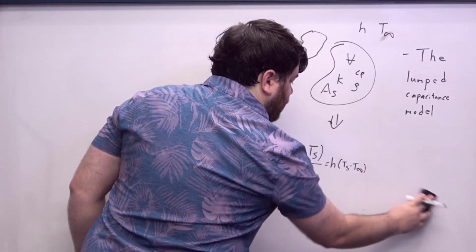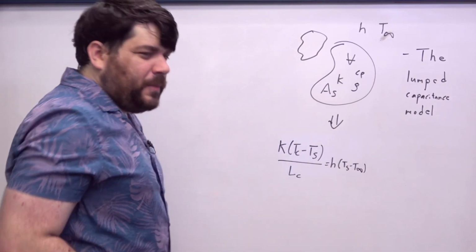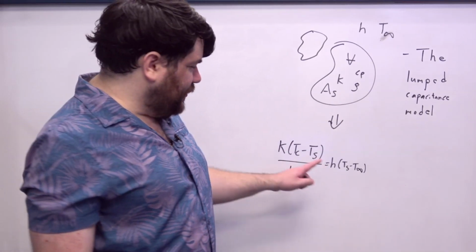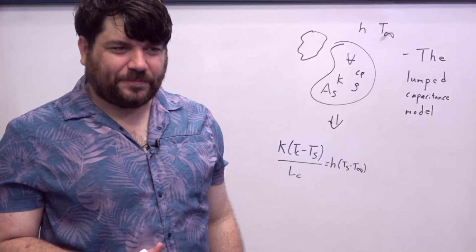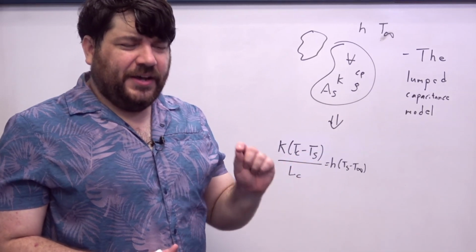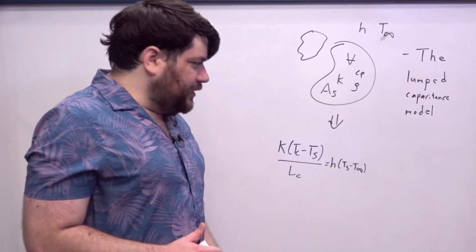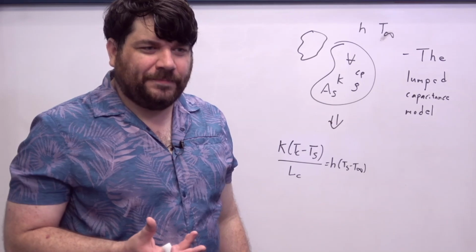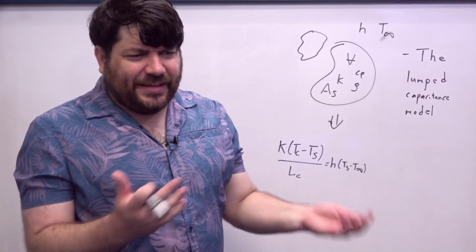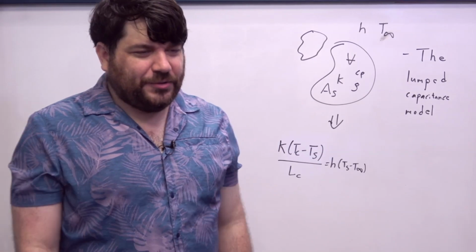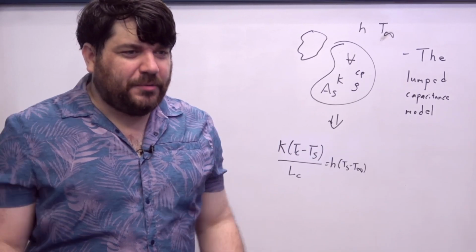And this is very, very meaningful because if you think about it, right, the goal is to make this temperature difference small. We want the temperature difference between the core of the sphere and the surface of the sphere to be small. If that temperature difference is small, then it doesn't matter if we pick the temperature of the core or the temperature of the surface of the sphere as a representative temperature.